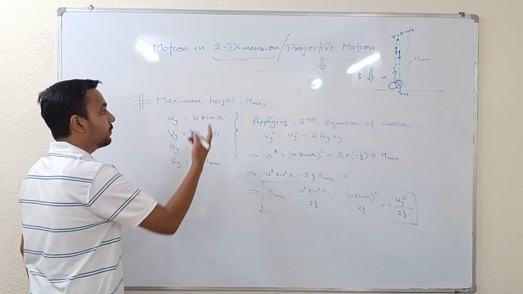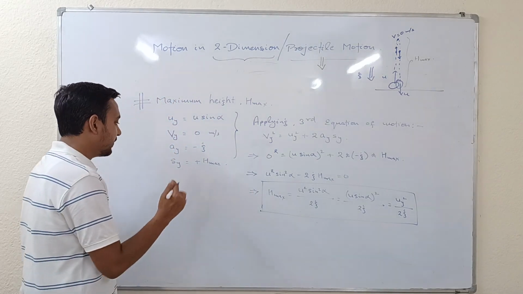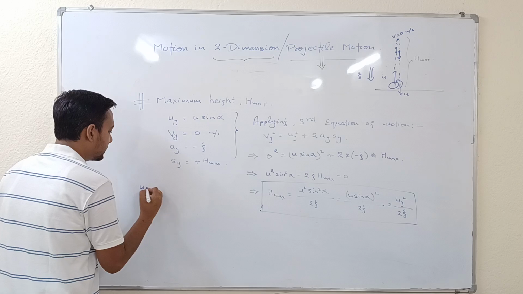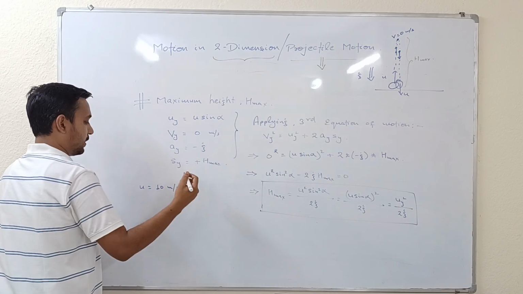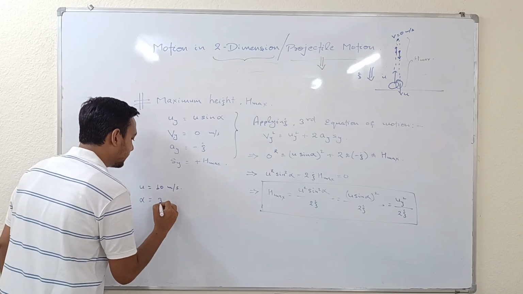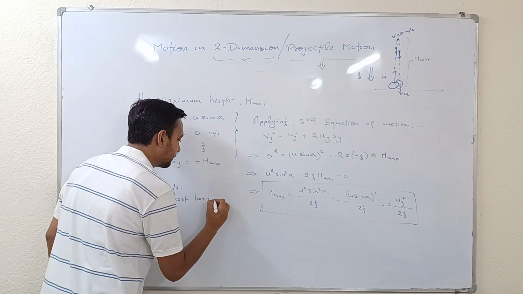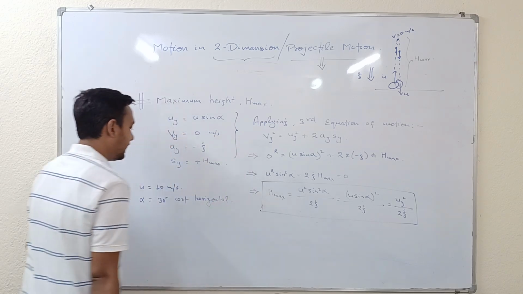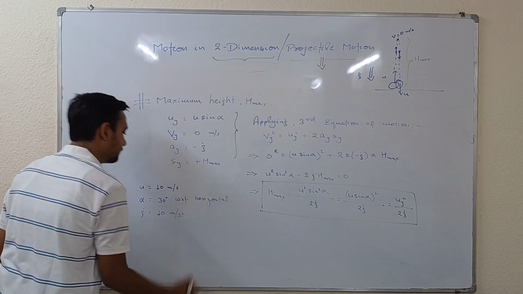Now going over that example again: a projectile is given an initial velocity u equal to 10 meter per second, and angle alpha was 30 degree with respect to the horizontal. g was taken as 10 meter per second square.